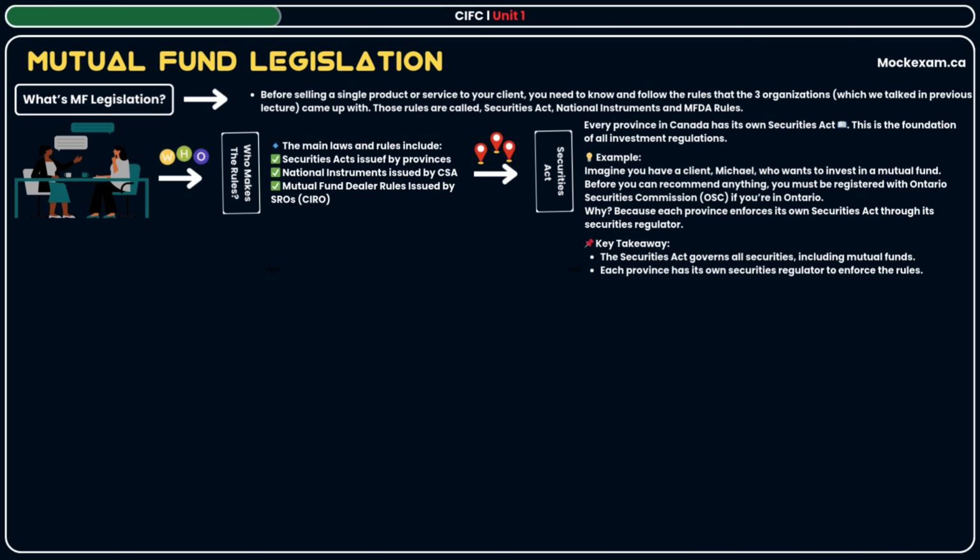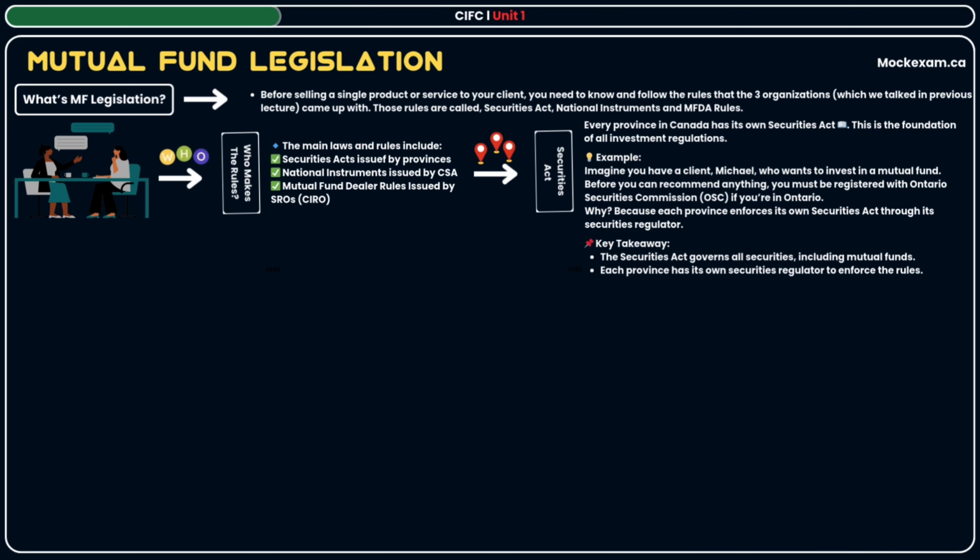I think it's enough with Securities Act. I repeated it a lot. Let's get to national instruments. We said that national instruments or NIs are national rules created by the CSA. They ensure consistency across Canada.